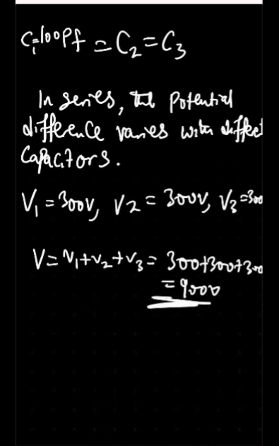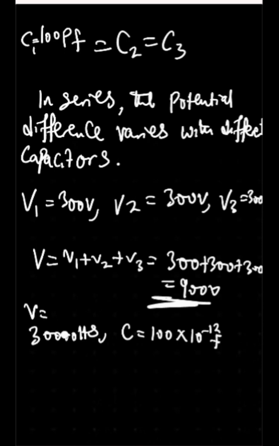Question 2 says, what is the charge on each plate? Very easy. Recall, we are not saying the total charge, on each. So each plate has a voltage of 300 volts, right? Yes, this is our V. What of our C? Our C is 100 picofarad. Pico means 10 raised to the power minus 12 F. So to get our charge, remember that C is equal to Q over V. If you make use of the formula, Q will now be CV, right?